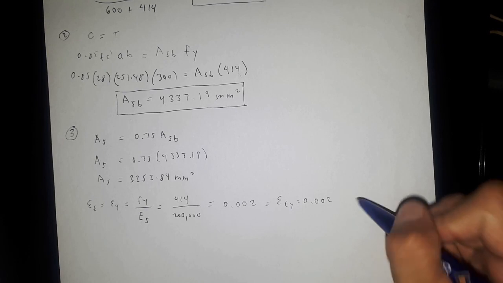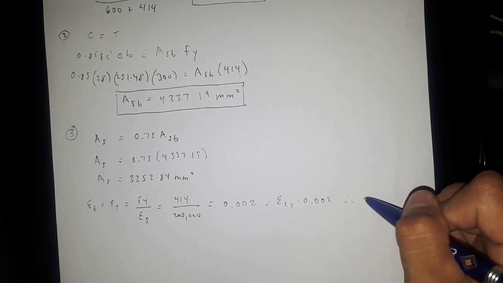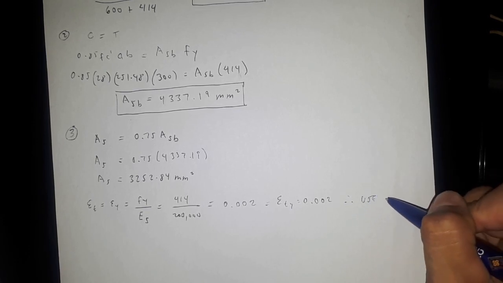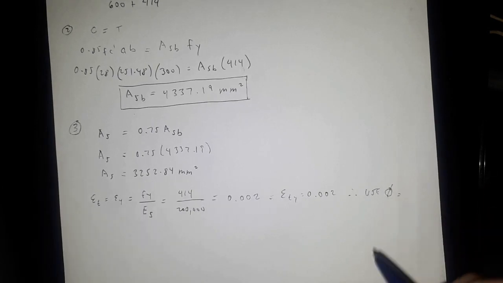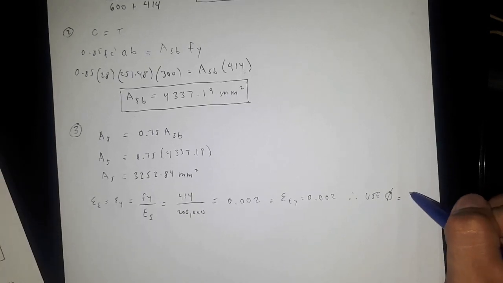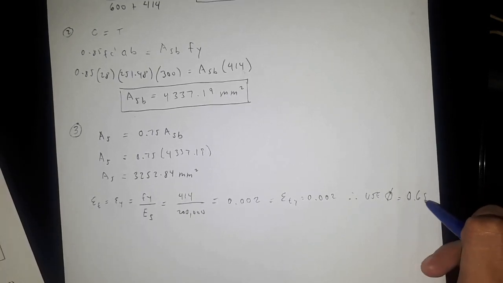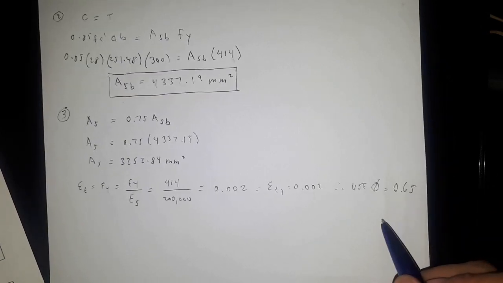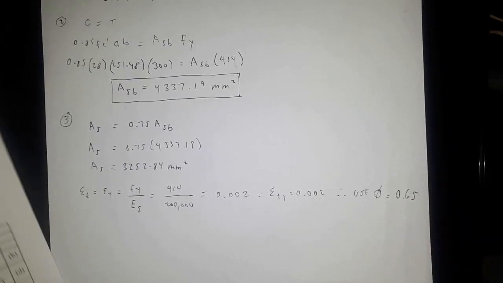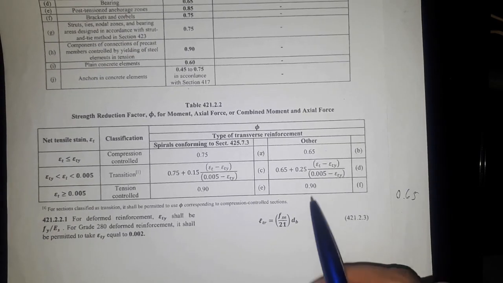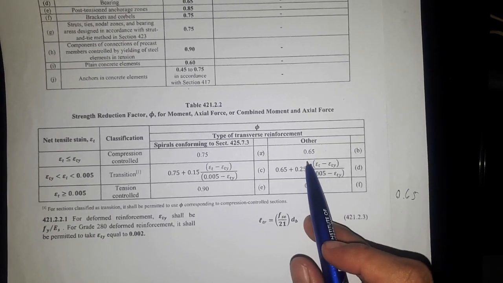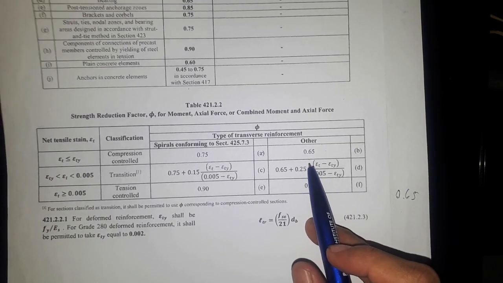Therefore, we use phi equals 0.65, the standard reduction factor. So that is 0.65.